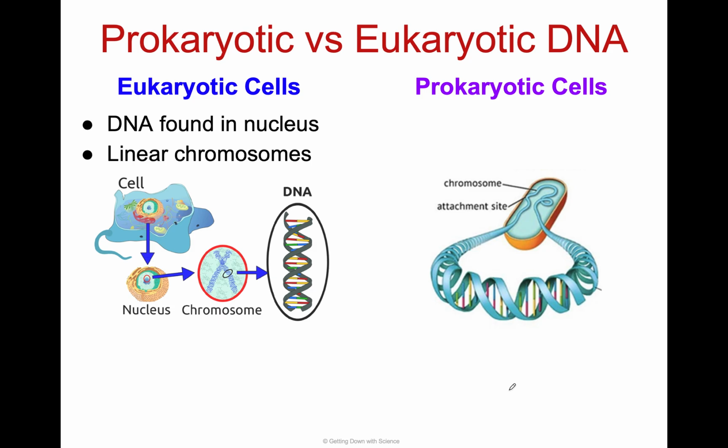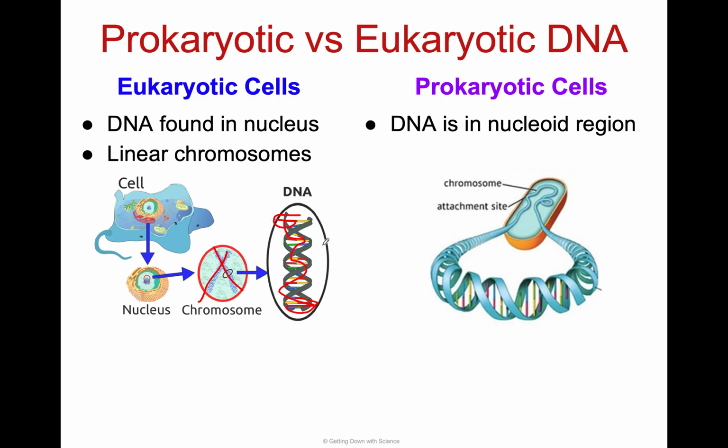Remember, eukaryotic cells' DNA is found in the nucleus, and their chromosomes are linear, meaning there's a start point and an end point. They cross over like an X, like we can see here in the centrosomes. That's sort of how they condense. But if we were to pull it apart, it would have one end that starts, and then it would weave out, and one end that ends.